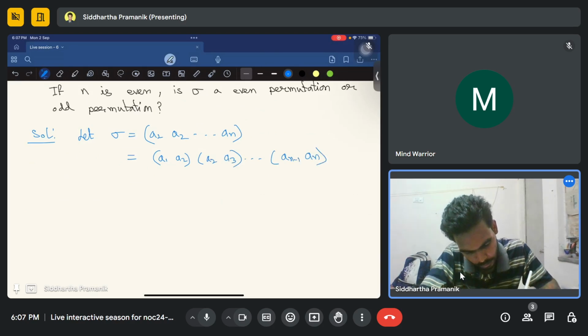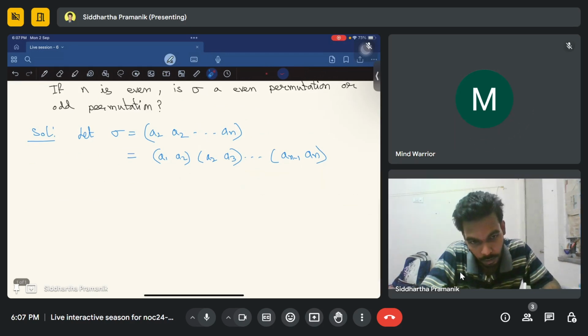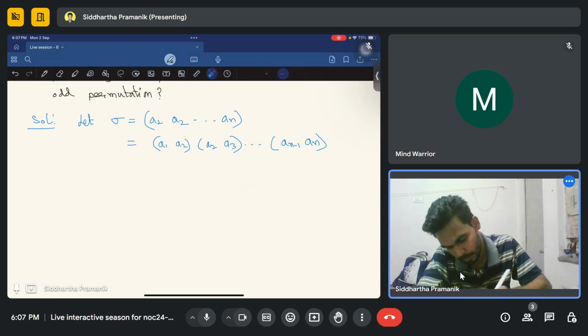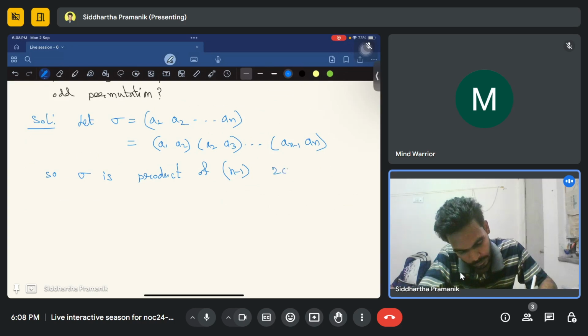So this is a product of transpositions, right? And how many transpositions are here? It is n minus 1 transpositions. So sigma is a product of n minus 1 two cycles.